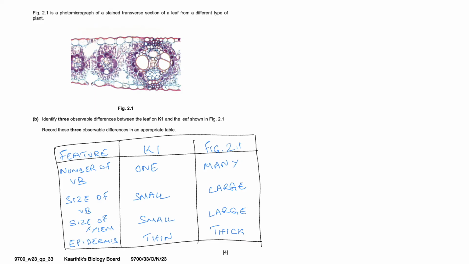Other than the number of vascular bundles, size of vascular bundle, size of xylem, and epidermis, we should also check for trichomes, whether trichomes are present, and the arrangement of vascular bundles, whether they are arranged in a pattern or randomly arranged. And the presence or absence of airspace can also be written as a feature.